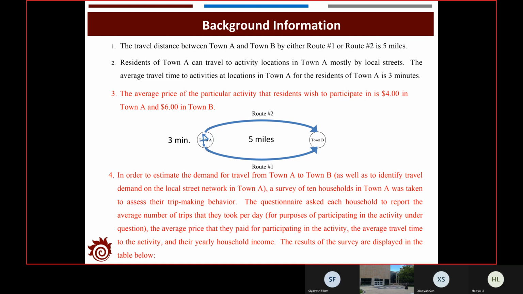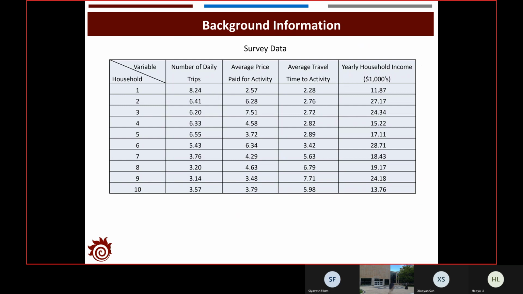We summarize all the results, and this will be the result. Even though we say it's 10,000, this is just a paradigm. So we have number of trips, the average price for each activity, the average travel time, and the household income.